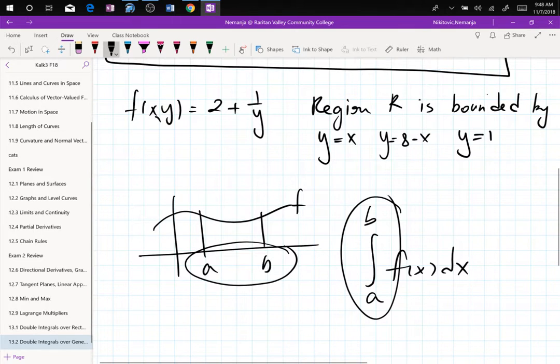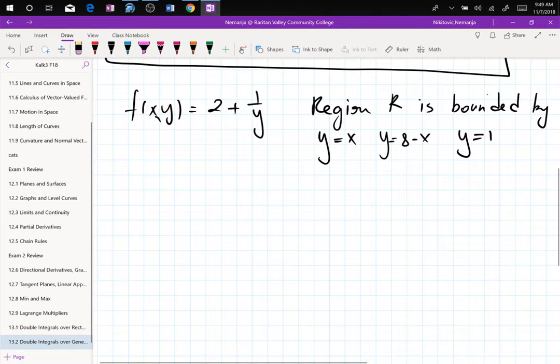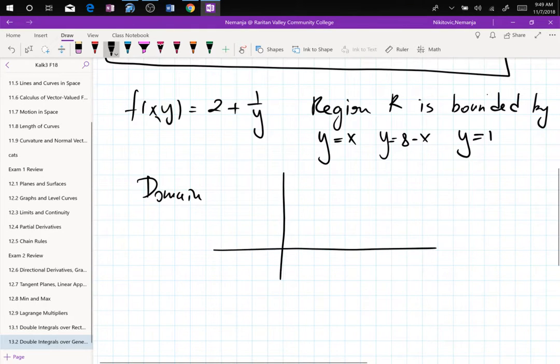You have to focus on drawing a proper domain. Calc 1, easy, not an issue, right? It's just a to b. That's your domain, so a to b. You find your area, you're done, right? Right now, we are dealing with functions that are in your domain. Your domain is two-dimensional, so we draw what we have.